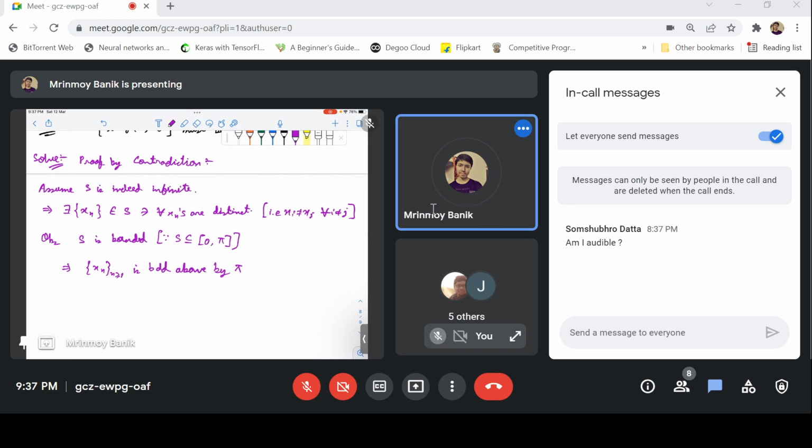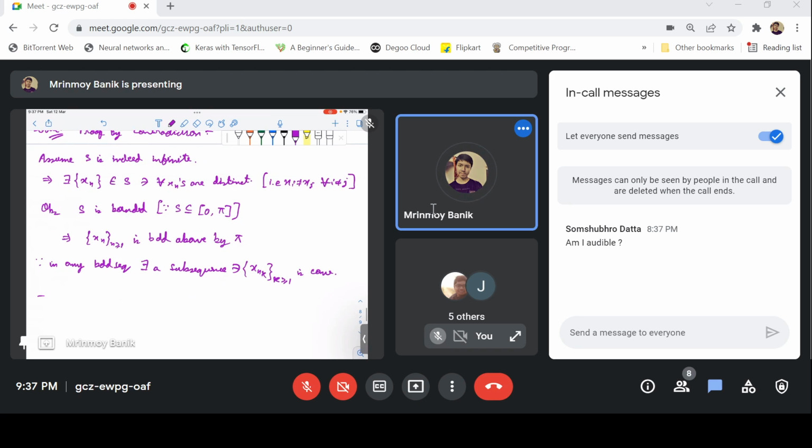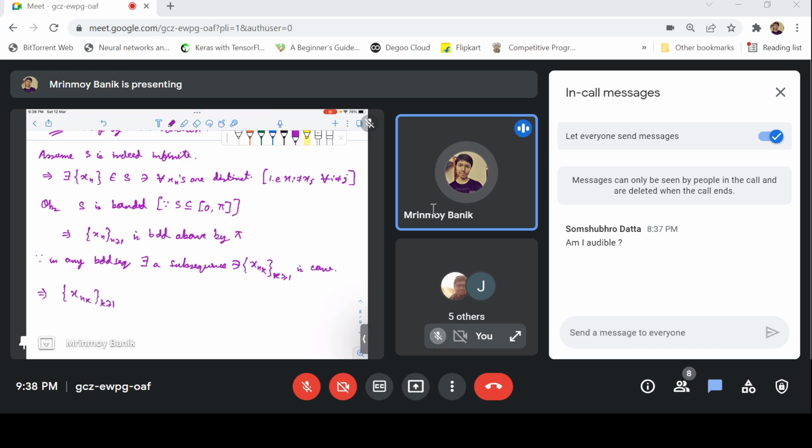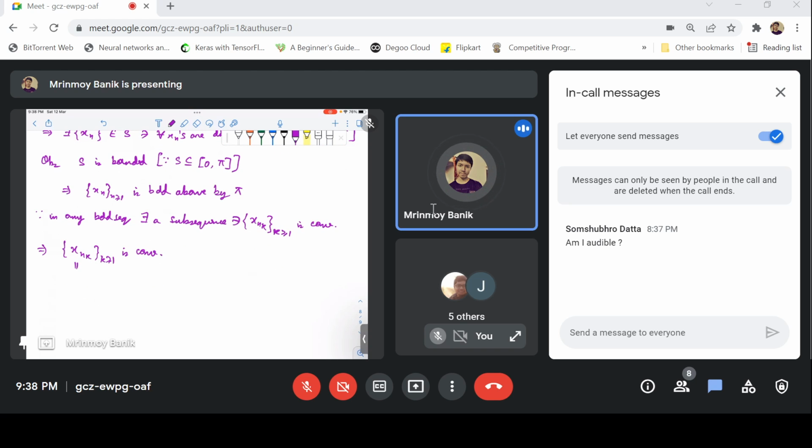Okay, I forgot. So since in any bounded sequence there exists a subsequence such that xnk, let xnk be the subsequence, k is the running variable, xnk is convergent. Okay, that was the statement of the theorem, so I'm writing the implications here. So this is convergent. Again, for simplification, I can rename it as yk maybe.